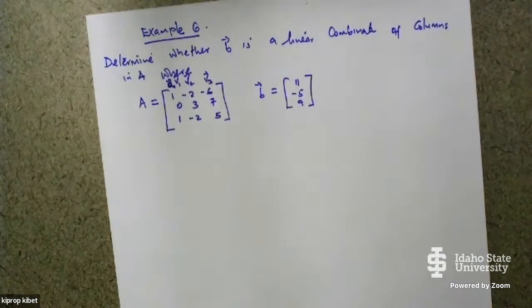So those are the vectors. When you bring them together, we form a matrix A.